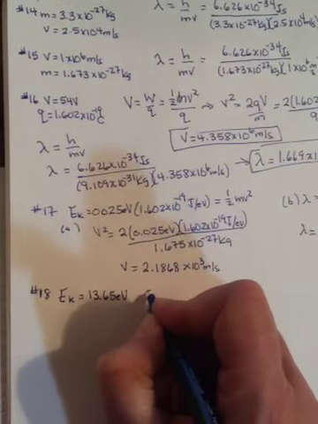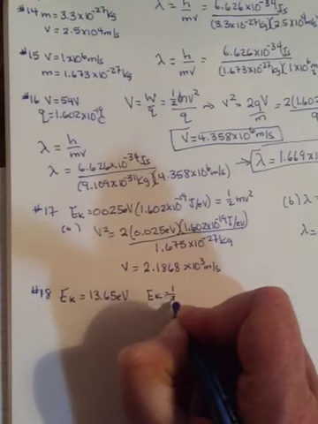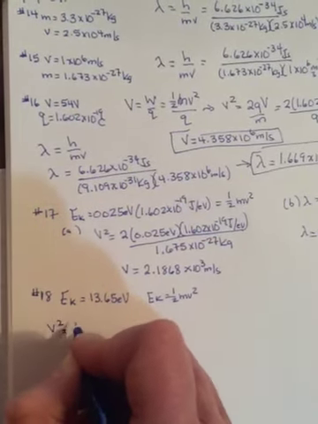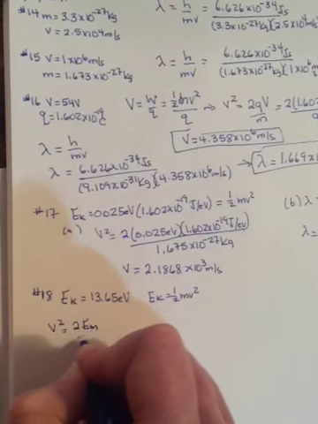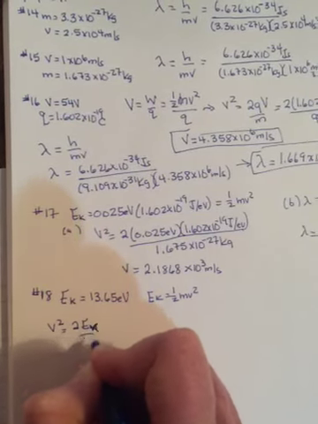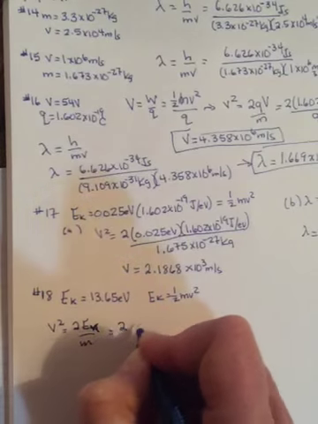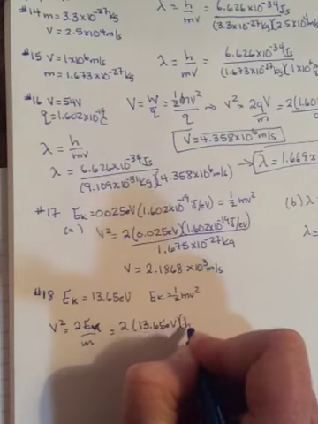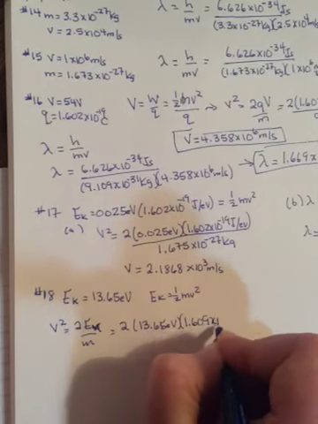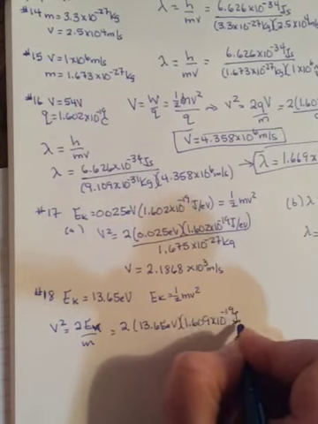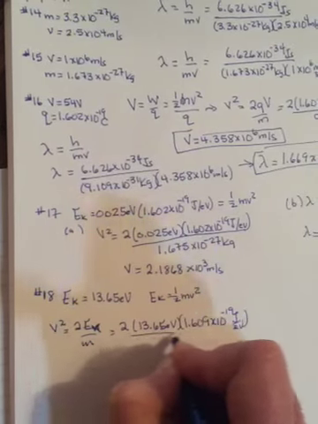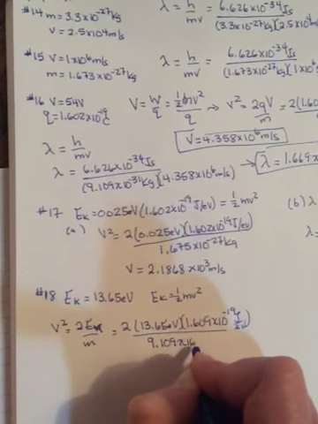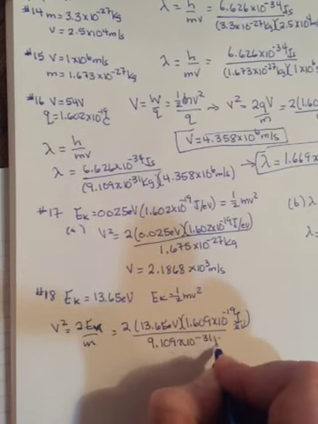So again, we know that EK is equal to 1/2 mv squared. So v squared is going to be equal to 2EK over m. So 2 times 13.65 electron volts times 1.602 to the negative 19 joules per electron volt, and the mass of an electron, 9.109 to the negative 31 kilograms.